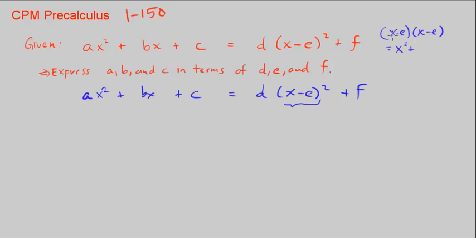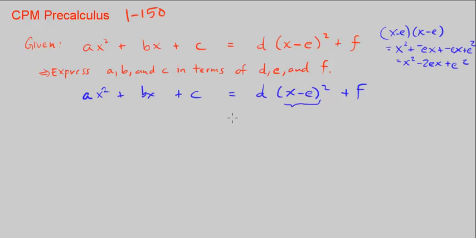Outside terms are x and negative e, so plus negative ex. Inside terms are negative e and x again, plus negative ex. And last terms are negative e and negative e, which becomes positive e squared. So that's equal to x squared minus 2ex plus e squared.